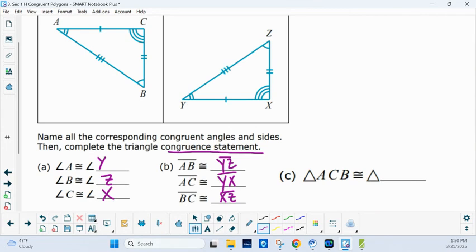Because if we've already got A, B, and C, they went ACB, so we have to follow that order. So according to the angles we wrote down, what angle matches angle A? Y, and then C matches X, and then B finally matches Z. So the diagram can help you do the triangle congruent statement, or the angles that you just wrote down will also help you know which ones are congruent with each other to make that correct.